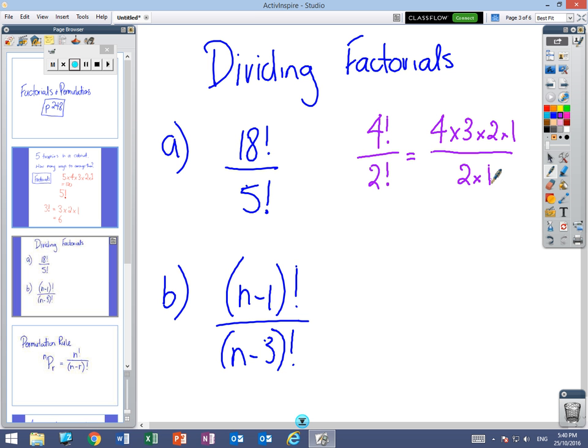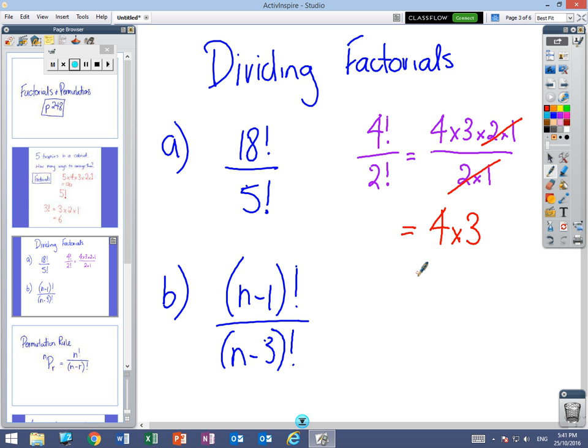Using our simplification, you look for the bits that are in both parts, and this 2 and 1 is also up there. So that cancels with that, which means 4 factorial divided by 2 factorial is equal to 4 times 3.